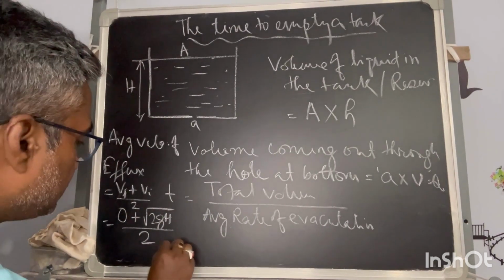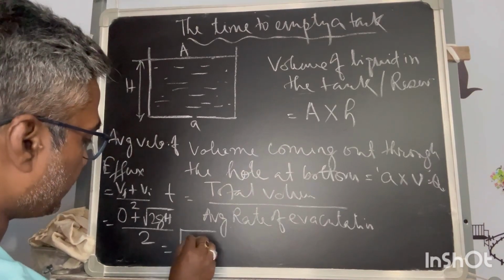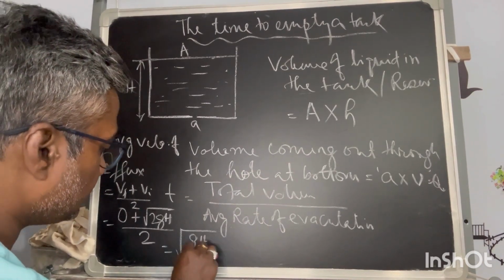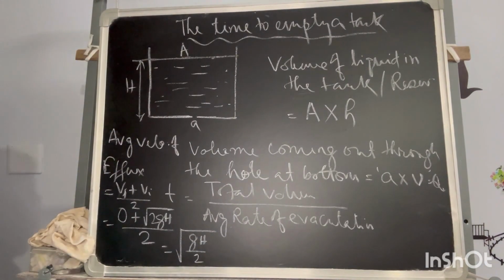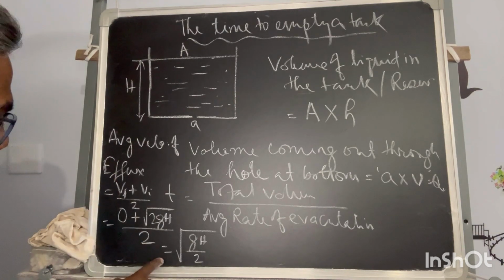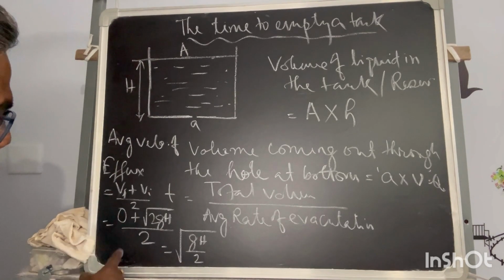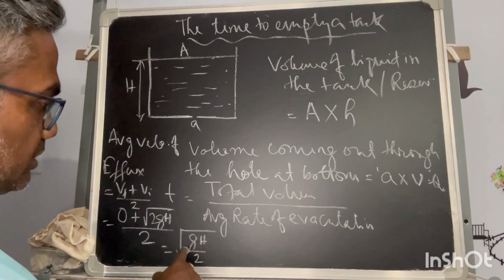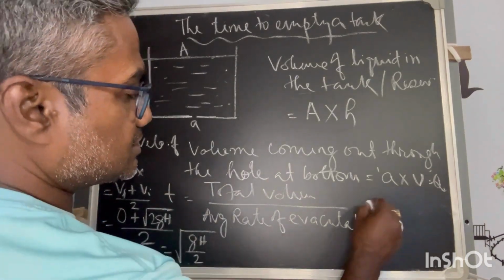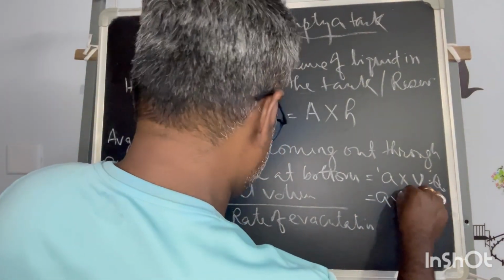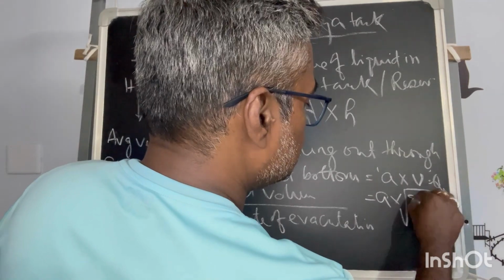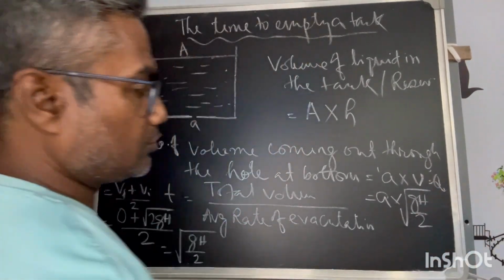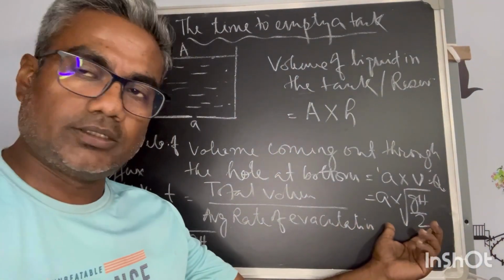So ultimately the average velocity is this much. This is the effective efflux velocity. So in this velocity rate, this will become a into under root of gh by 2. This will be the effective flow rate.